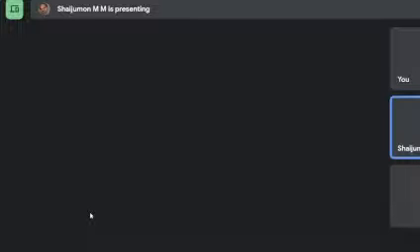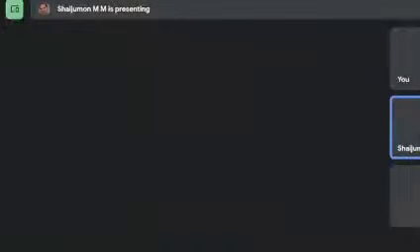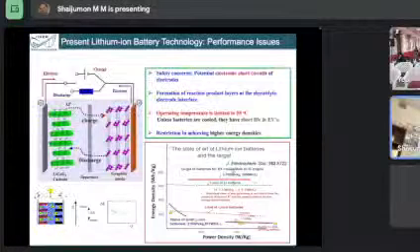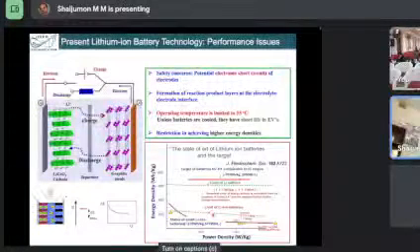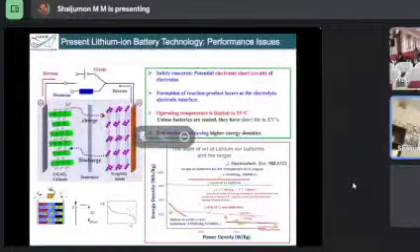And again, because you are using liquid, I cannot go beyond 55 degrees C, because otherwise it evaporates and all sorts of issues arise. And most importantly, unfortunately, using this liquid electrolyte, we are stuck with a limit in terms of energy density. The requirement for EV vehicles is approximately 700 watt-hour per kilogram, but unfortunately for the lithium-ion battery, we are stuck at something around 250 to 280 watt-hour per kilogram.